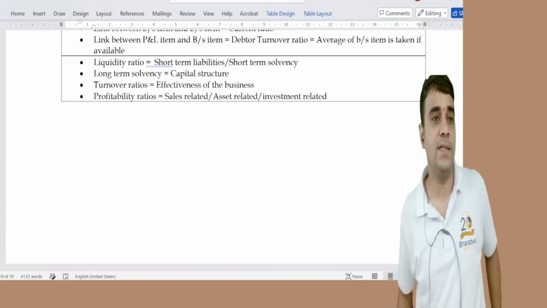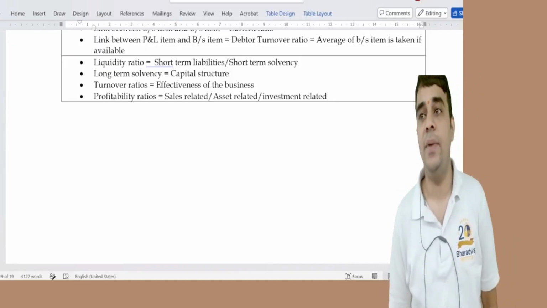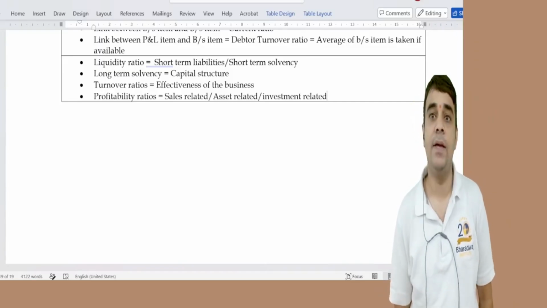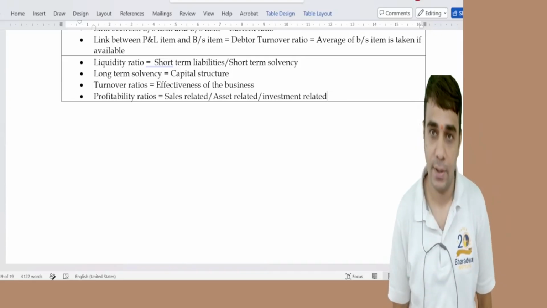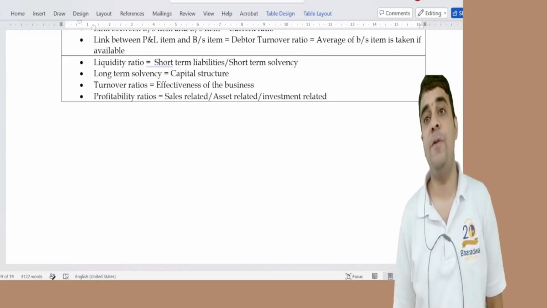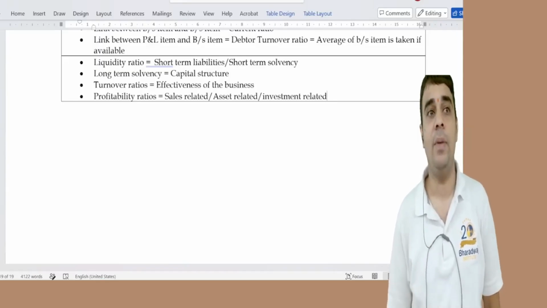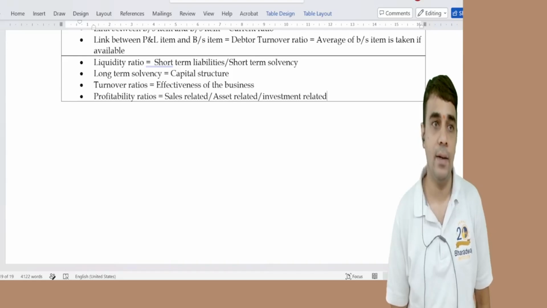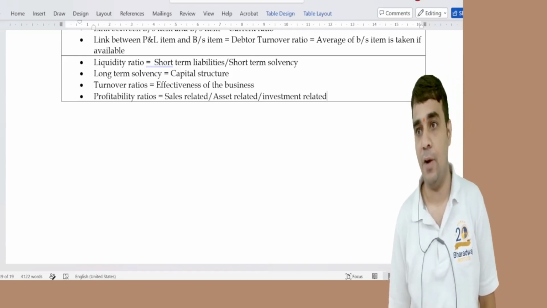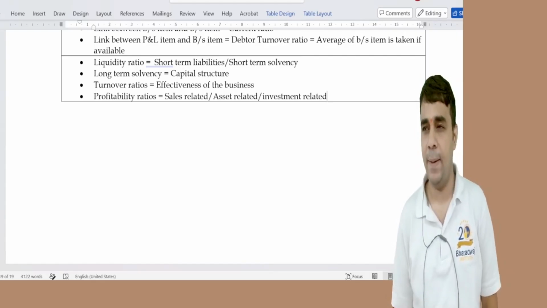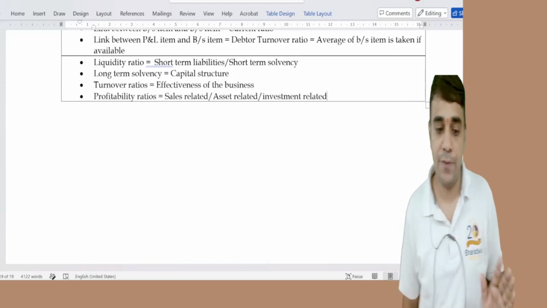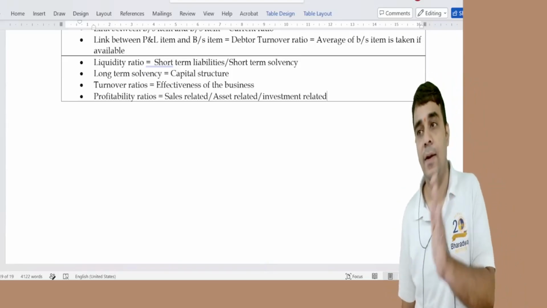Instead of sales, you may bring in total assets, capital employed, equity shareholders' money, preference shareholders' money in the denominator. Again, one P&L and one balance sheet item will be linked in this category. So the fifth category is asset related or investment related.